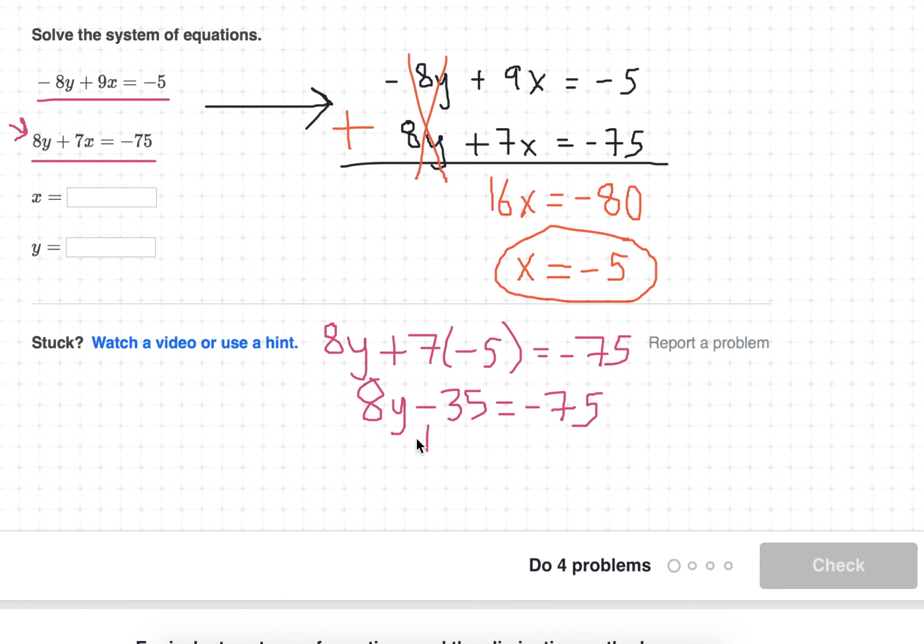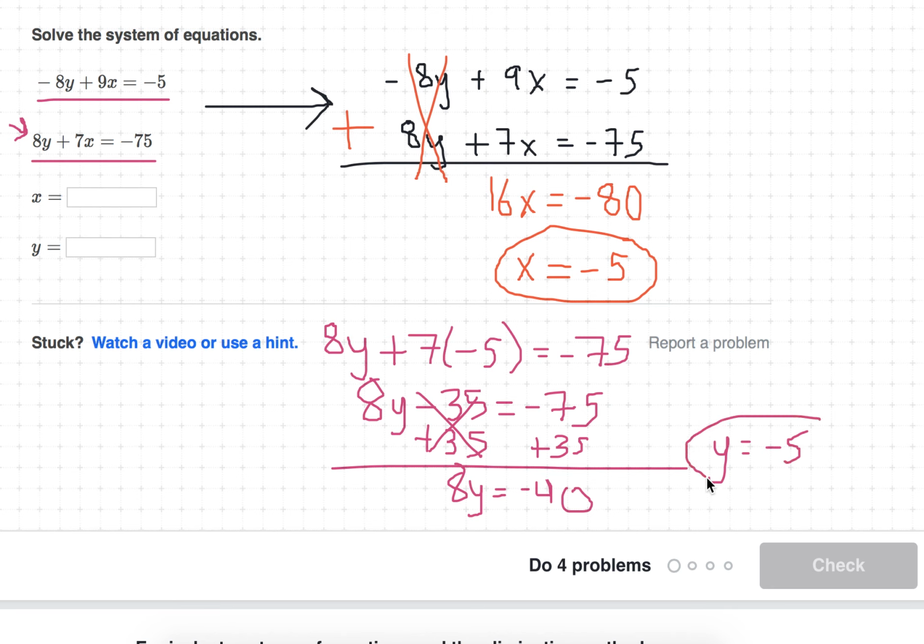Let's add 35 to both sides to solve this two-step equation. We get 8y equals negative 40. And if we divide both sides by 8, we get that y equals negative 5 as well.